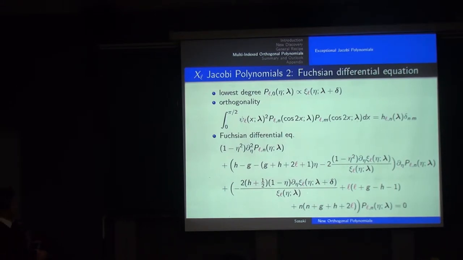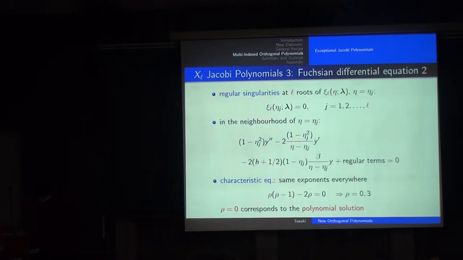But you have this and this, so at the zero of this polynomial, the equation is singular. This singularity you can easily calculate at the zero of this. So you write down the most singular part, calling this eta j, and from this you can calculate the so-called characteristic exponent.